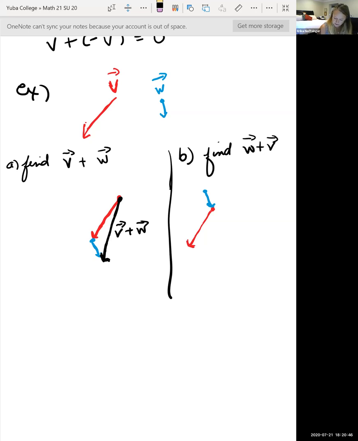So our vector w plus v is going to start at the initial point of w, and end at the terminal point of v. So notice that these are the same length and the same direction.